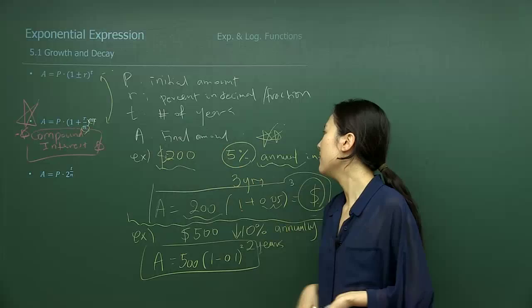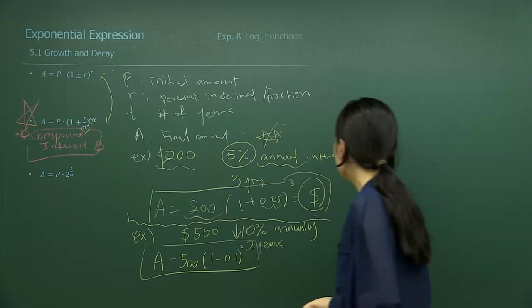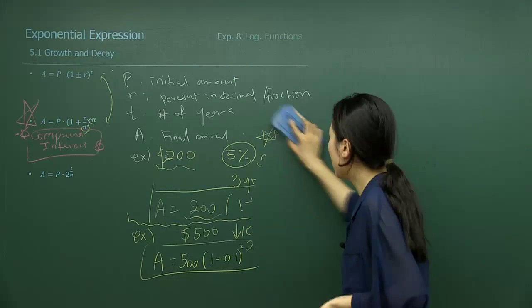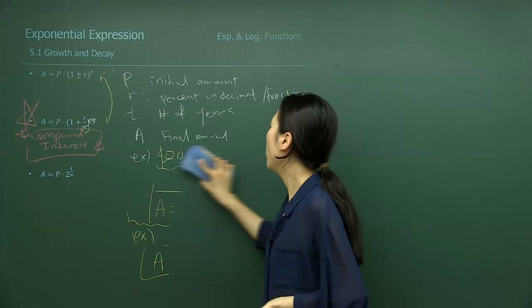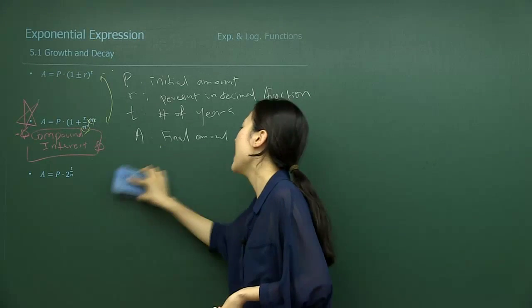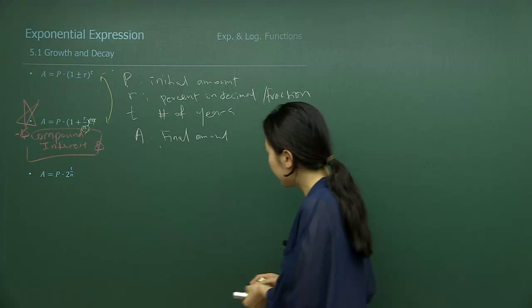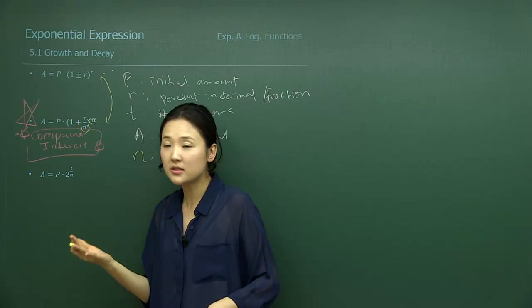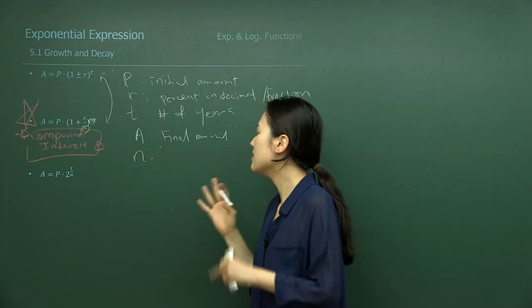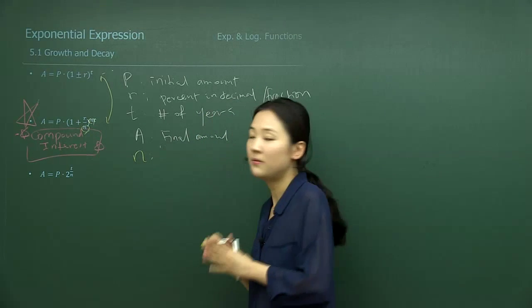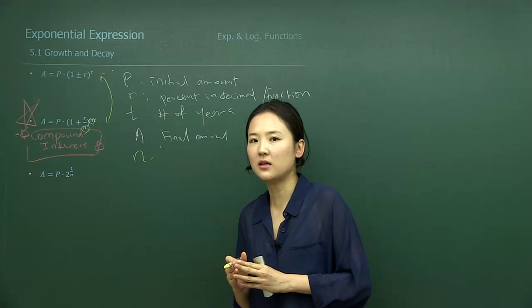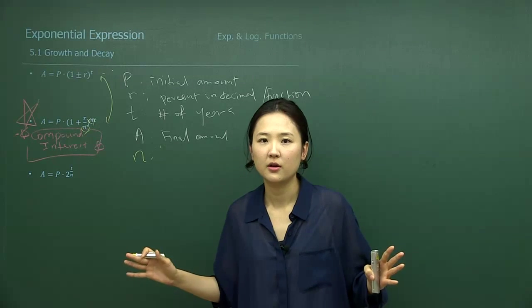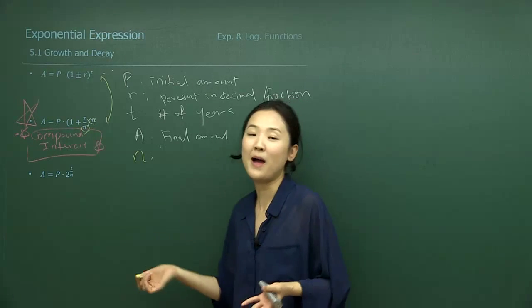And A is still the final amount. So there's only one thing that we need to talk about. What is the meaning of n? What is n? As the name suggests, compound interest, n is the number of times your interest is divided over a year. Like how many times it is compounded.